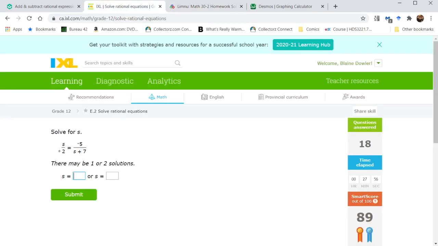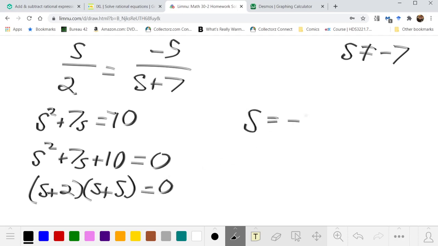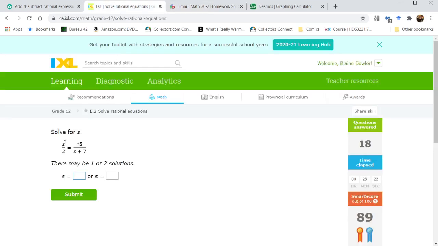Let's see here, that was a minus 5. It's a minus 10 and a plus 10, which is good because the previous version was not going to factor for us. This one will. s plus 2 times s plus 5 equals 0, so s is a negative 2 or a negative 5. Negative 2 and negative 5.